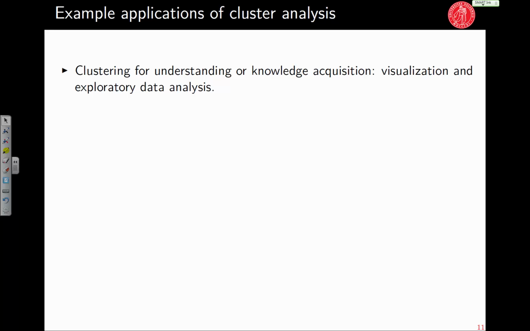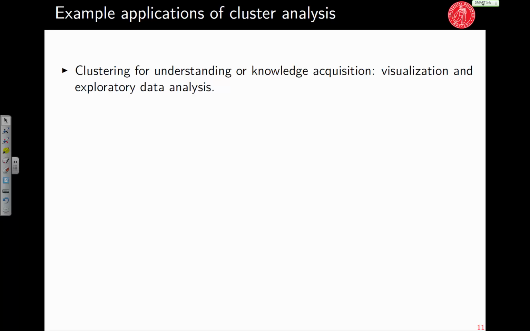What are some concrete examples of applications of clustering in real life? We can think of clustering as a way of understanding or knowledge acquisition. For example, biologists have a huge amount of genetic information, and they don't have predefined classes of the different genes.